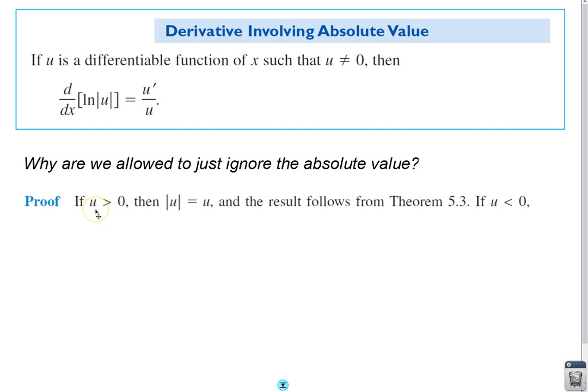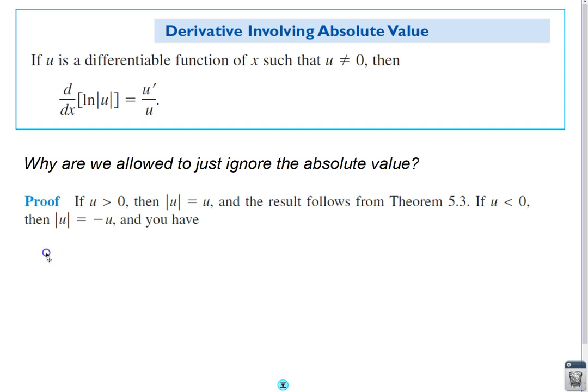Well, so if u was greater than 0, then the absolute value of u is the same thing as u. And then it says theorem 5.3, that's what this theorem is. If u is less than 0, well, then the absolute value of u would actually be negative u, because you are finding the opposite, okay? Because u would have been a negative, and you take the absolute value, makes it positive.